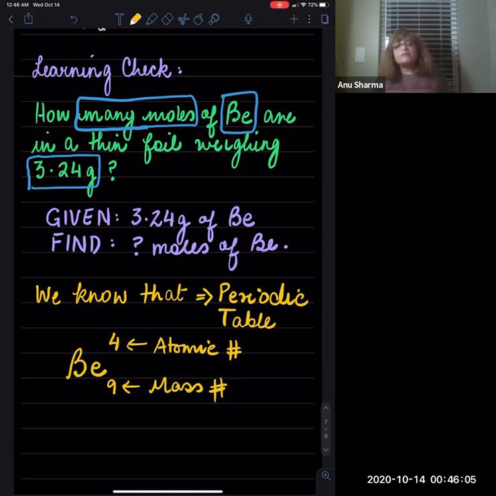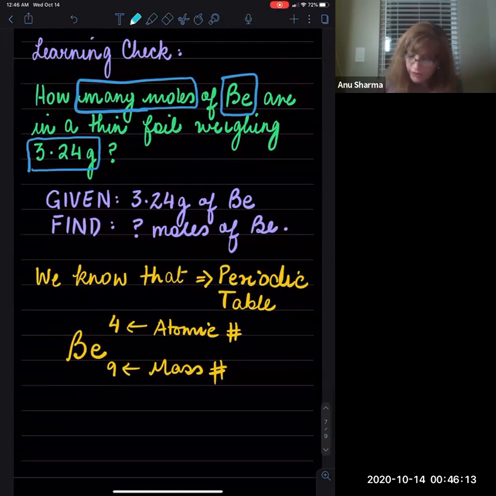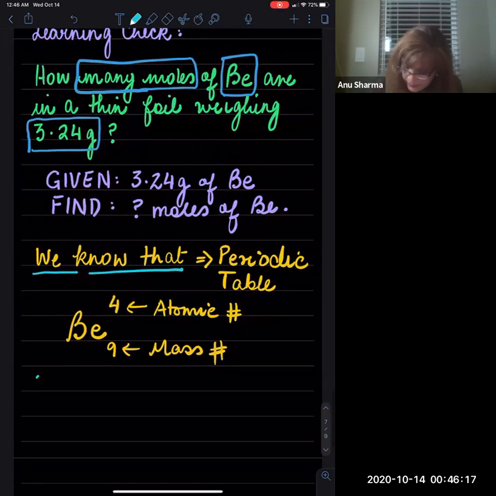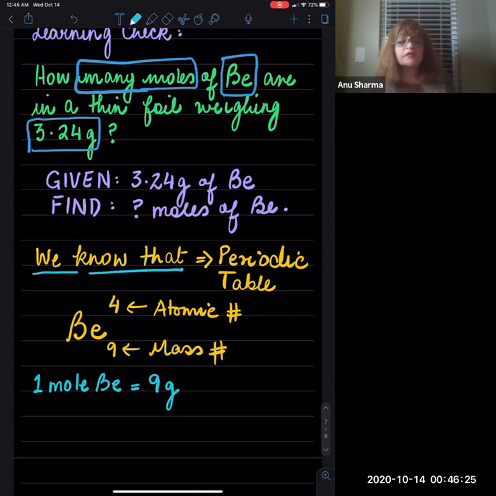When you look at the mass number, that's the weight, so that's the one we are going to use. So 1 mole of beryllium is equal to 9 grams, from the periodic table.